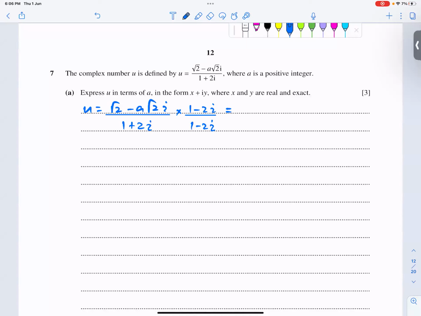Now square root 2 minus 2 square root 2i minus a square root 2i, and again minus a times 2 square root 2, whole divided by 1 square minus 2i square, and that will be just 5, because 1 square is 1 and 2i square is minus 4. So the final answer will be 5.